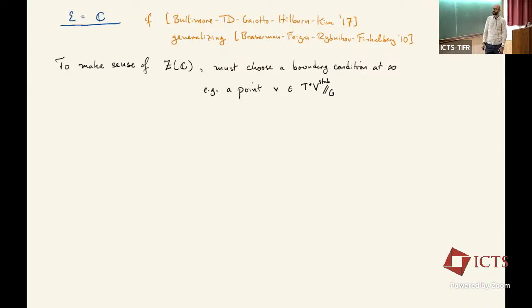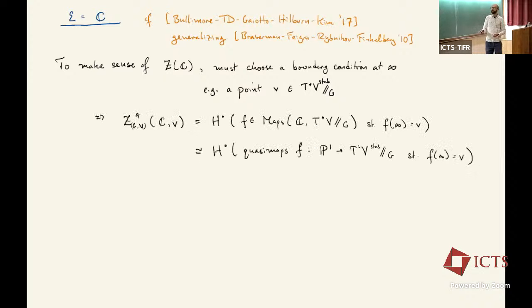So to make sense of a space assigned to the complex plane, one needs to do something at infinity to compactify C. One thing to do at infinity is to choose a point in the stable part of the stack and require maps to asymptotically approach that point near infinity.